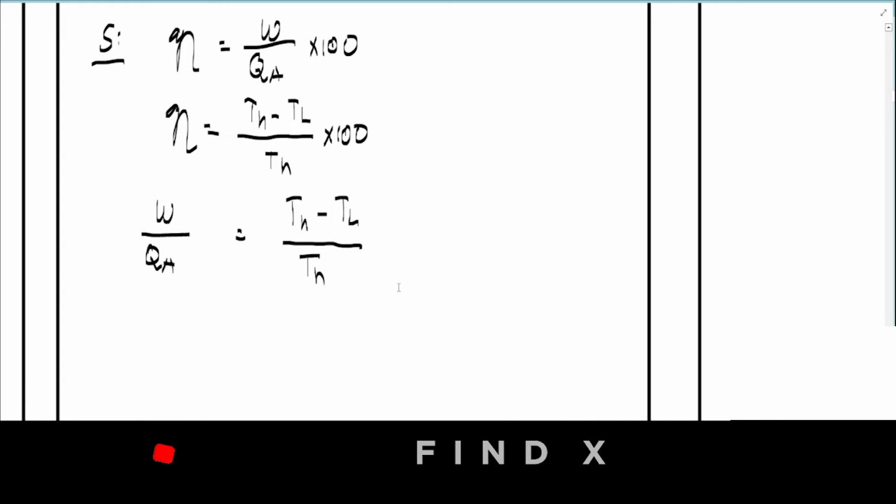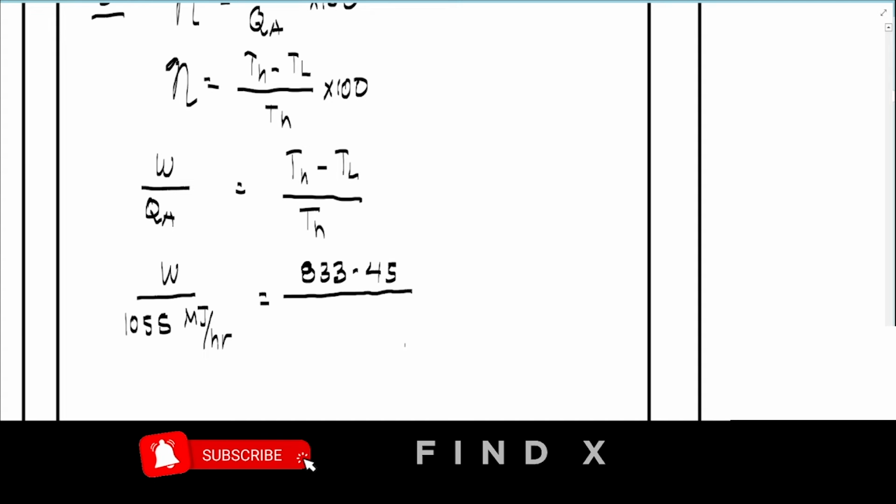Of course, I won't be writing the times 100 on both sides anymore because it will just cancel anyways. Okay? So, from this one, I think we can now substitute the values. What is the value for QA? That's 1055 megajoules per hour, equal to TH minus TL, that's 833 minus 45, all over 833.